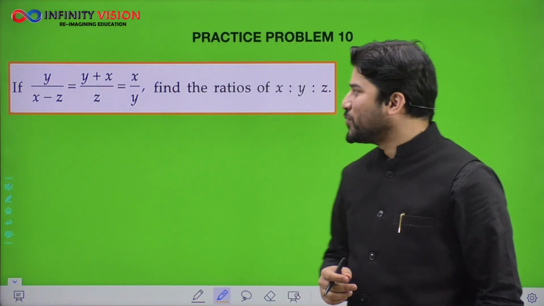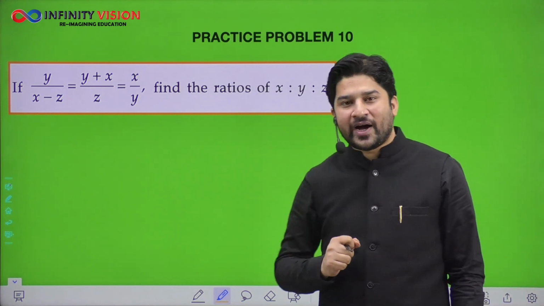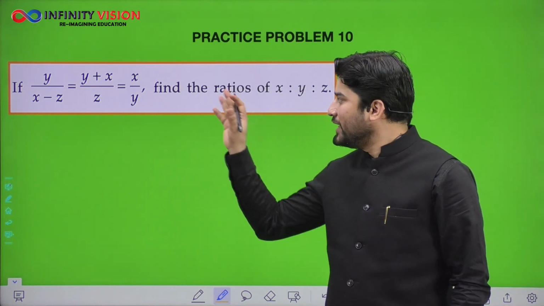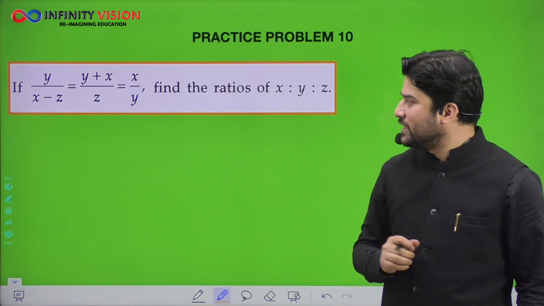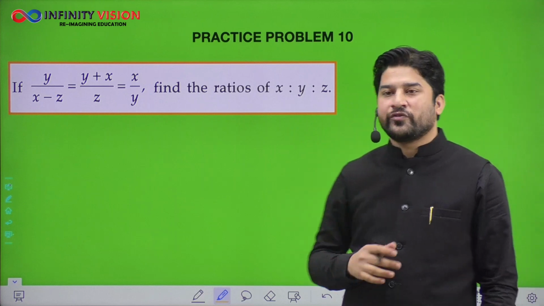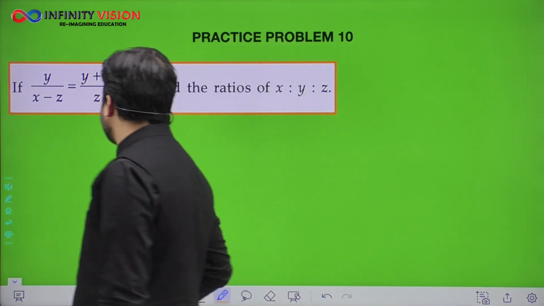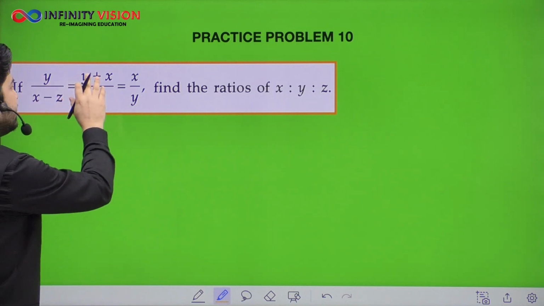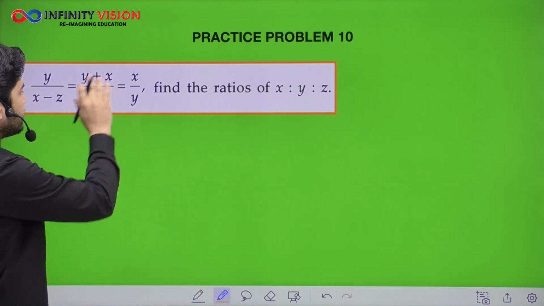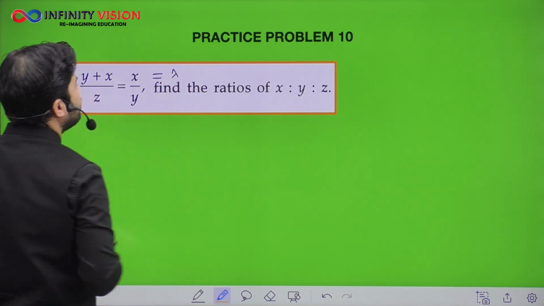Let's see our next problem, practice problem 10. The question reads, if y upon x minus z equals y plus x upon z equals x upon y, then you have to find the ratio of x is to y is to z. Now you again have a continued ratio, so I'm going to write this as equal to lambda.